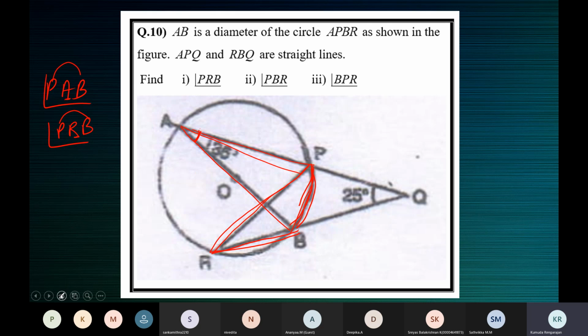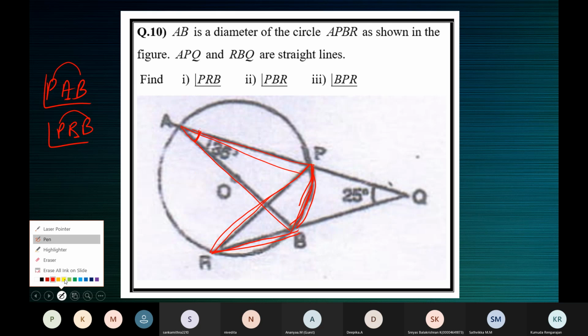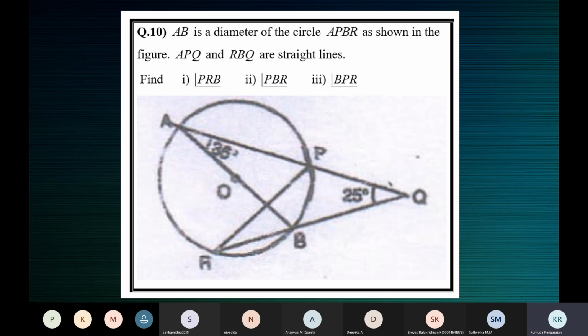How are they in the same segment? See, if you connect the points P and B, it's a straight line, children. So this becomes the minor segment.